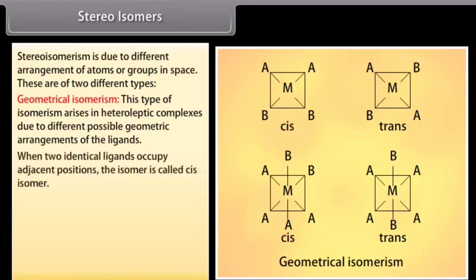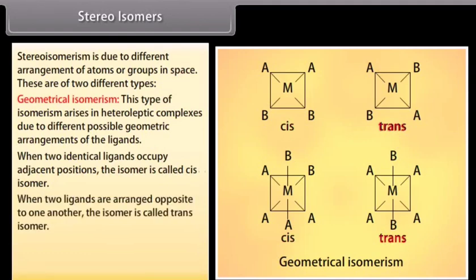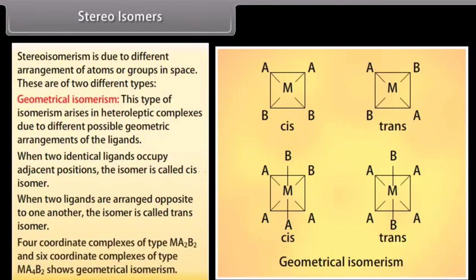When two identical ligands occupy adjacent positions, the isomer is called cis-isomer. When two ligands are arranged opposite to one another, the isomer is called trans-isomer. Four coordinate complexes of type Ma2b2 and 6 coordinate complexes of type Ma4b2 show geometrical isomerism.